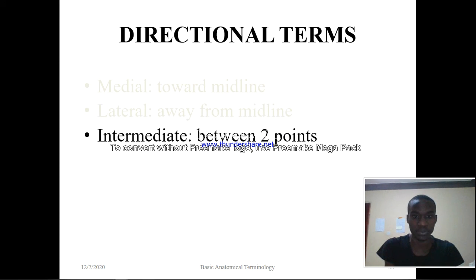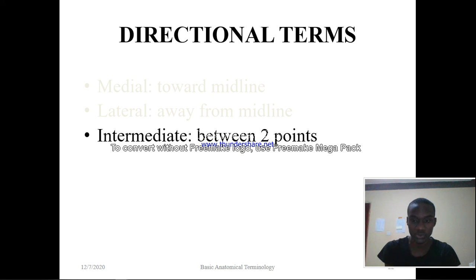The other term is intermediate, so between 2 points. For example, we are locating our eyes, we say, in the cranial region, superior to the mouth, intermediate. There are two organs located between the eyeballs.